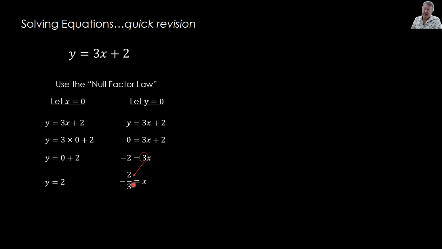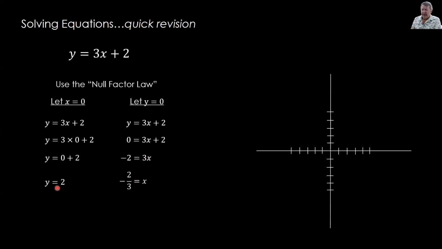So what do we do with them? Well, we draw a graph. Here's some axes. We need to put these 2 points on the graph. So the y equals 2 is up here. There's the point, and label it 0, 2. The negative 2/3 is down here, round about in here. So there's the point, negative 2/3, 0.